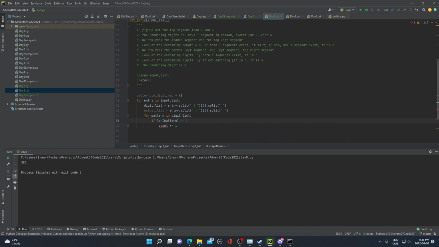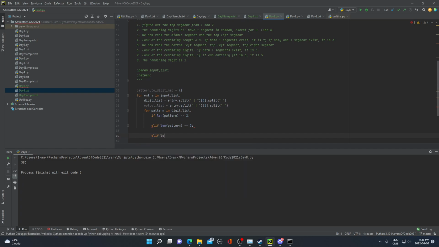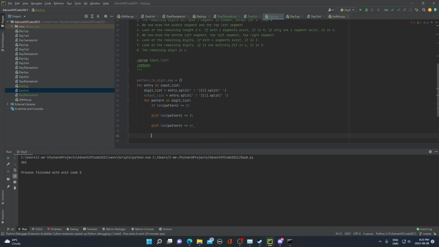So here we actually have to go through every single case because they correspond to a different number. Actually needs to be here.